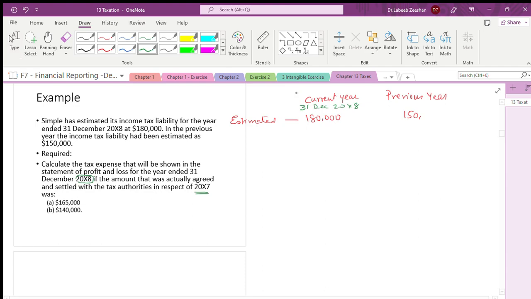Now, whether it is an under provision or an over provision.